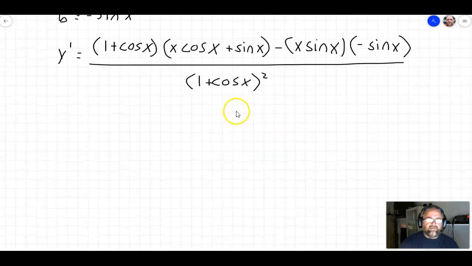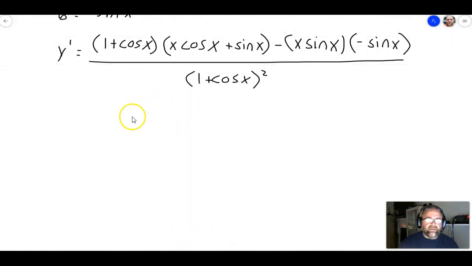So let's go ahead and do that because I think it's good practice. Y prime is going to be equal to, I can FOIL this out. The first terms give x cosine of x.